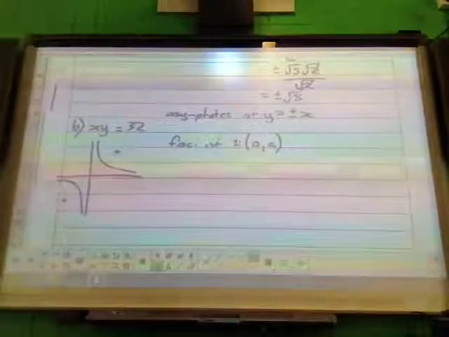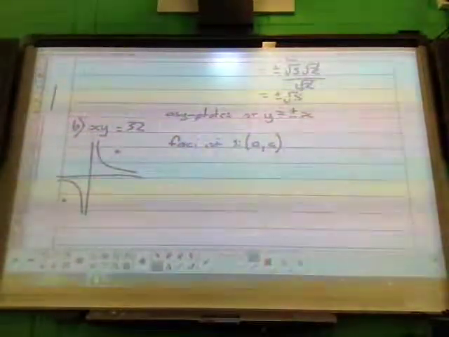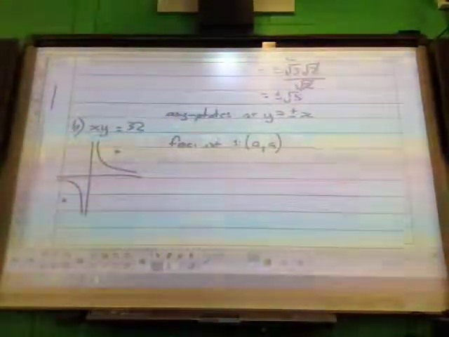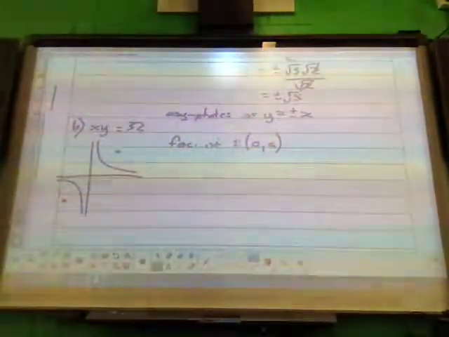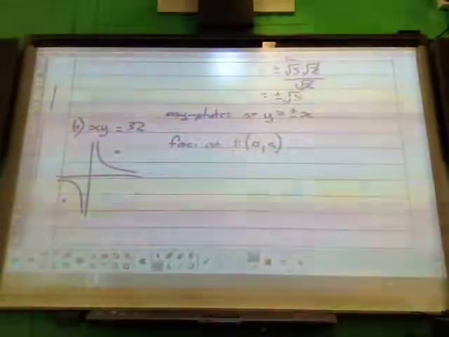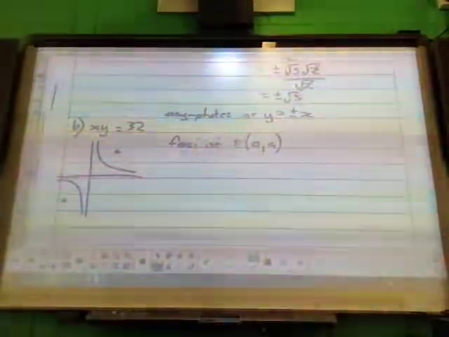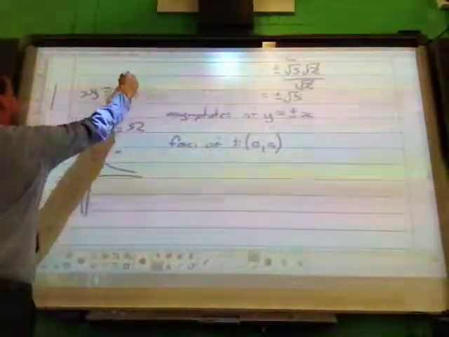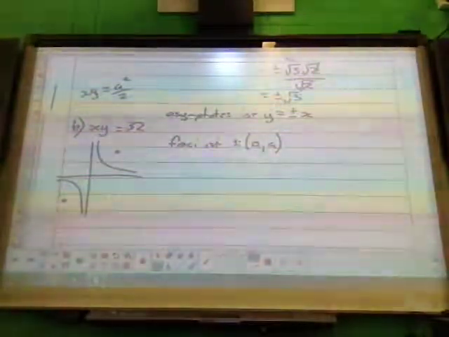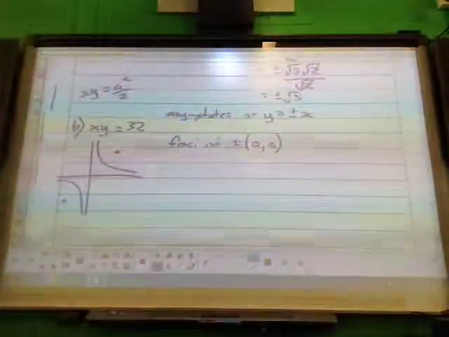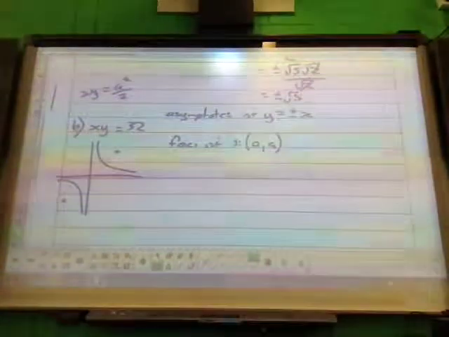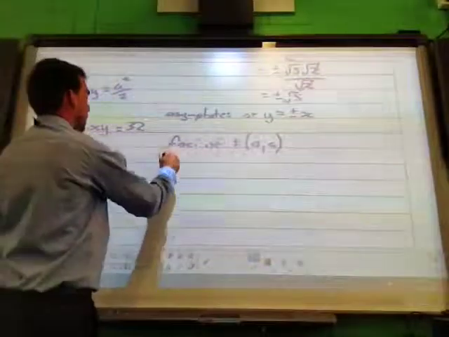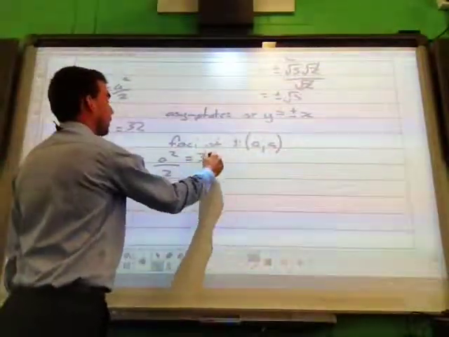Nope. No. xy equals a squared over 2. So a squared over 2 is equal to 32.